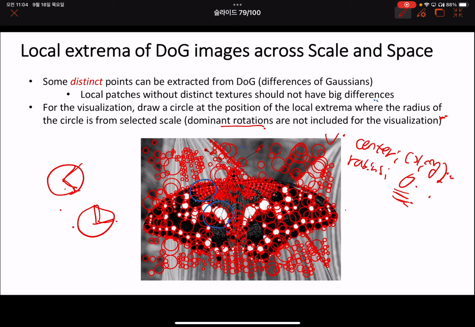We didn't include rotation in this visualization, but SIFT actually also provides rotation, theta. For the same circle, we can change the rotation. So rotation is also what we get from SIFT, but for the visualization, we did not include it because it can make it a little bit messy. There are too many circles.